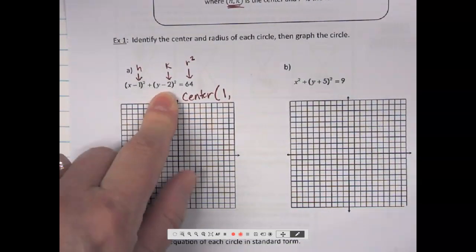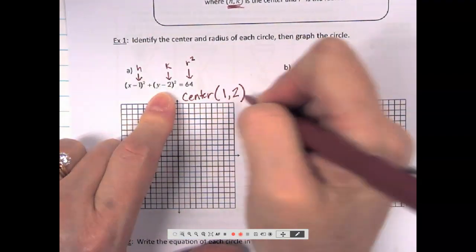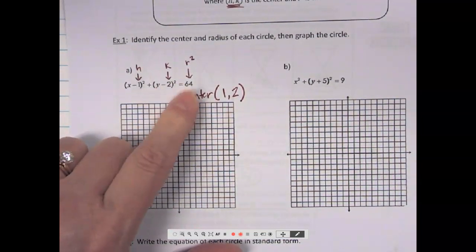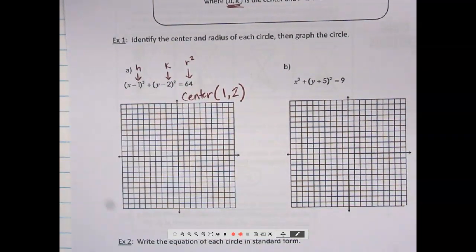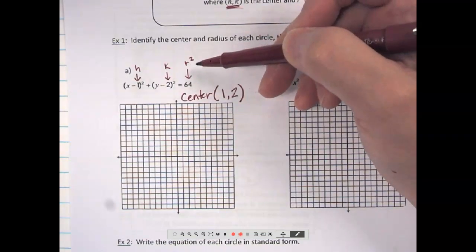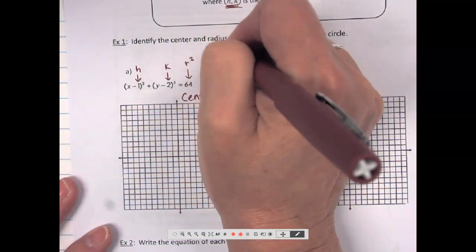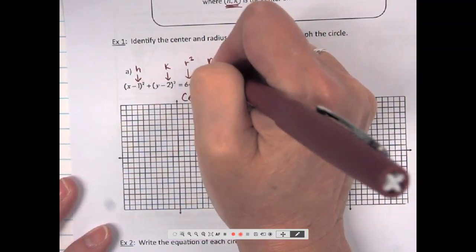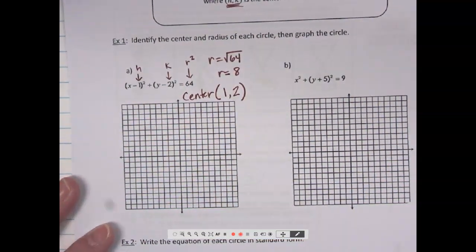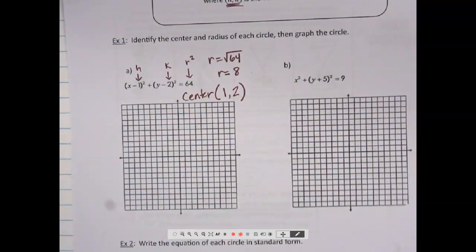A 2. So the Y coordinate of my center point is 2. Okay, now be careful. 64 is not the radius. That is the radius squared. So the radius will be the square root of 64. So the radius is 8. Is everybody okay with that?